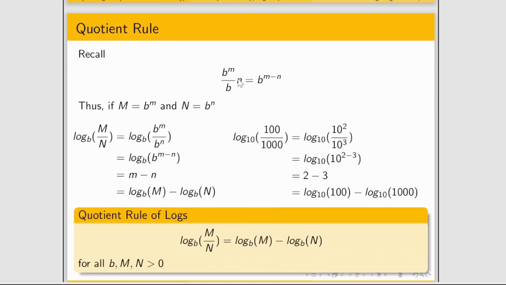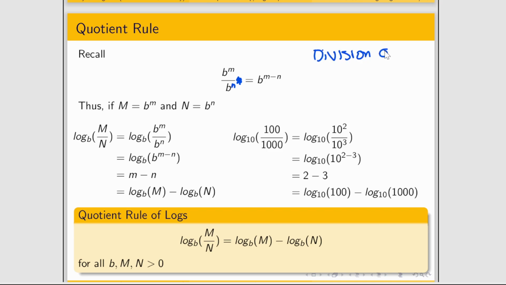For the quotient rule, it looks like there is a slight typo on this slide. I'll be sure to fix that on the version that you get. If I have division outside an exponent, let's backtrack that.